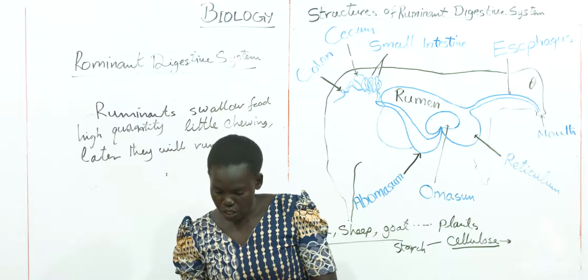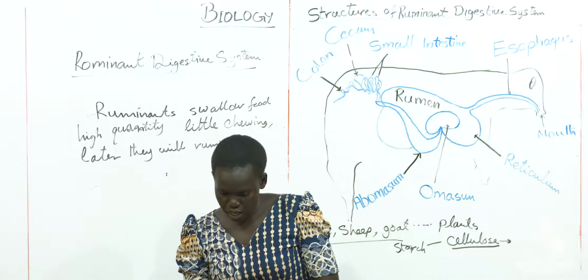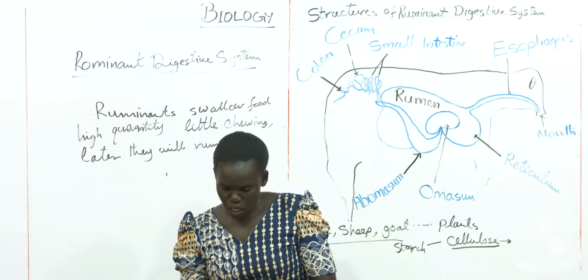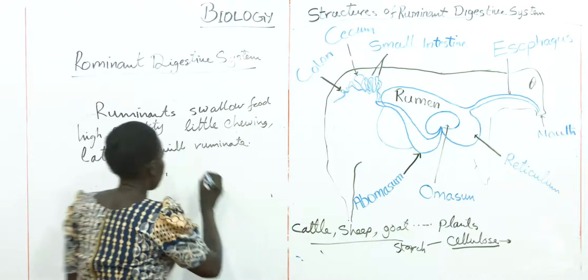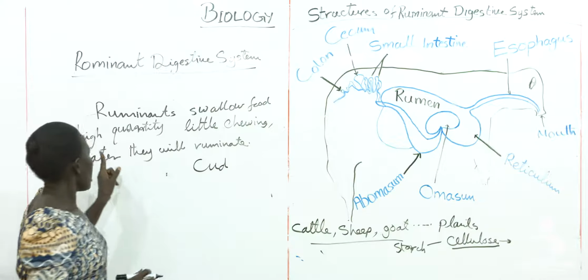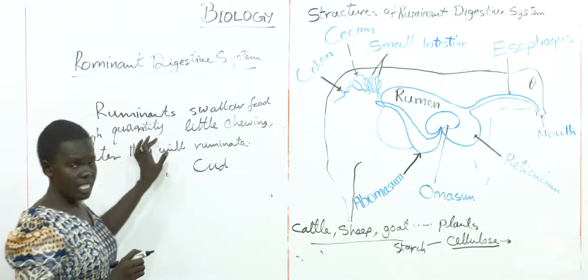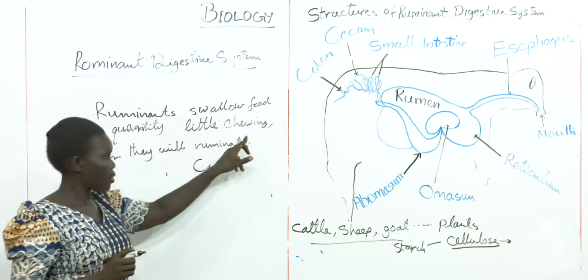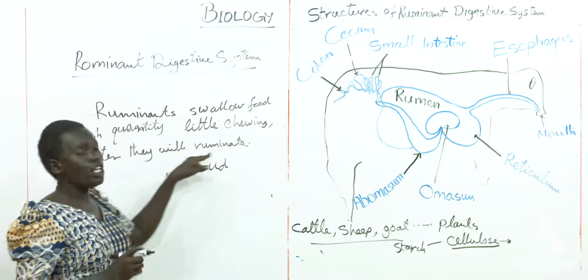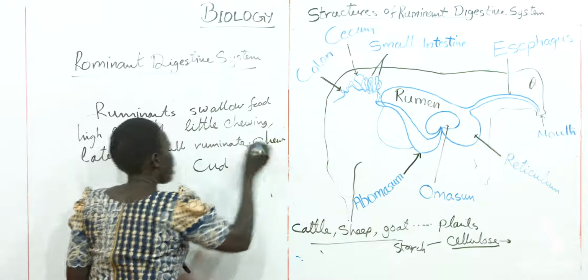The food that is brought back into the mouth from the stomach is known as cud. Because ruminants swallow food in high quantity with little chewing, later they chew again, then swallow again.